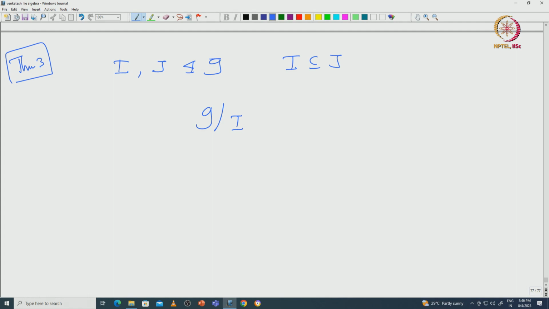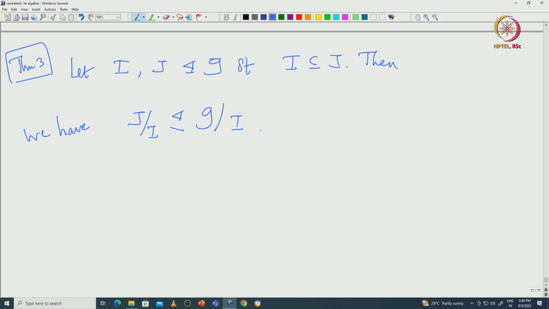We just saw from our previous results that J modulo I will be a subspace of G modulo I, and we proved that it is indeed an ideal inside G modulo I. So, this is the setting. Then we have this.